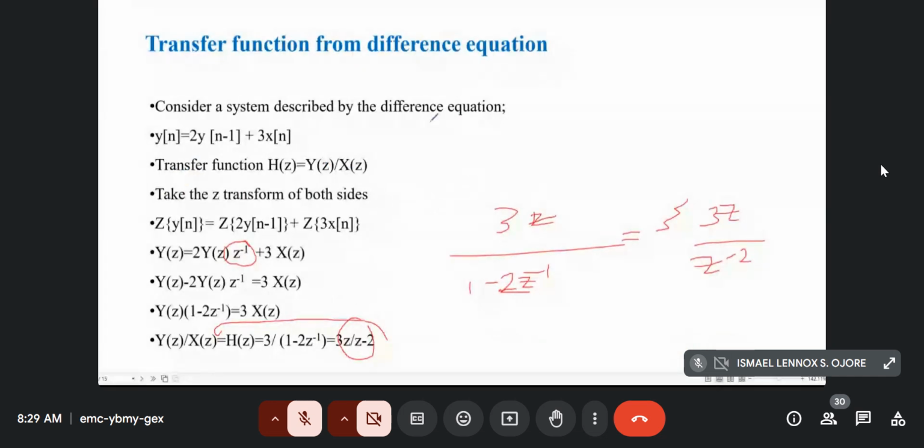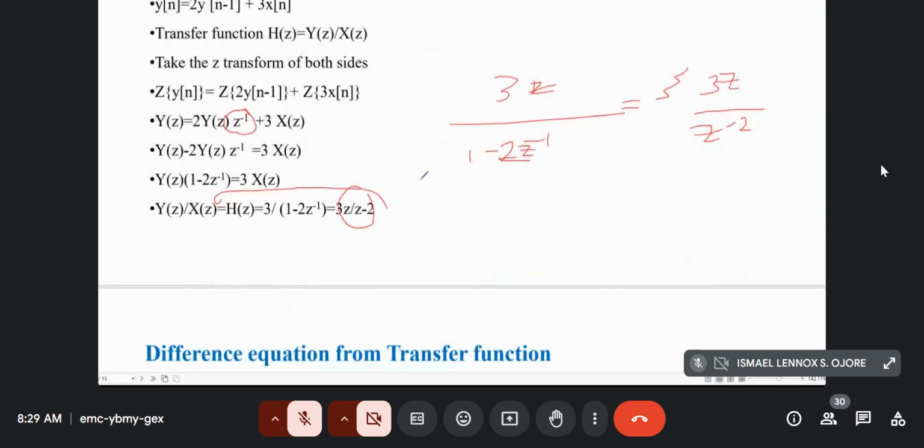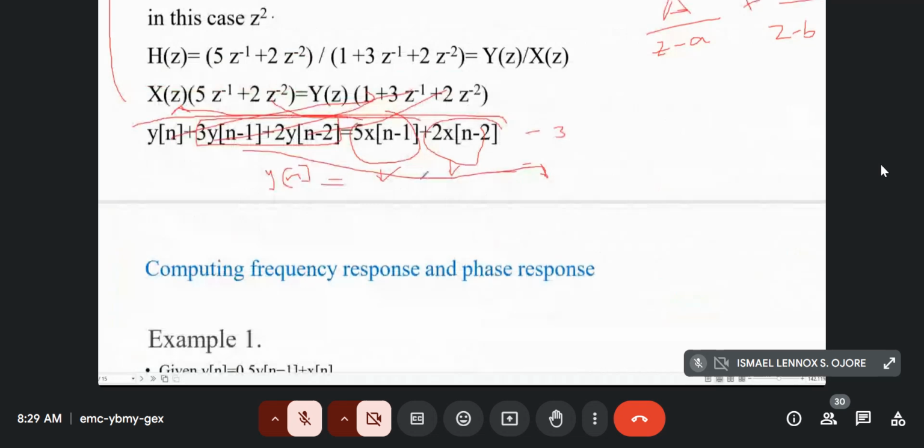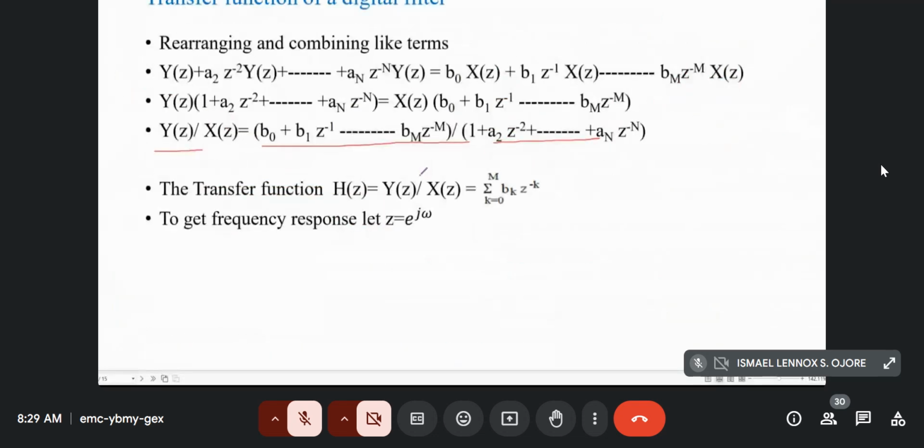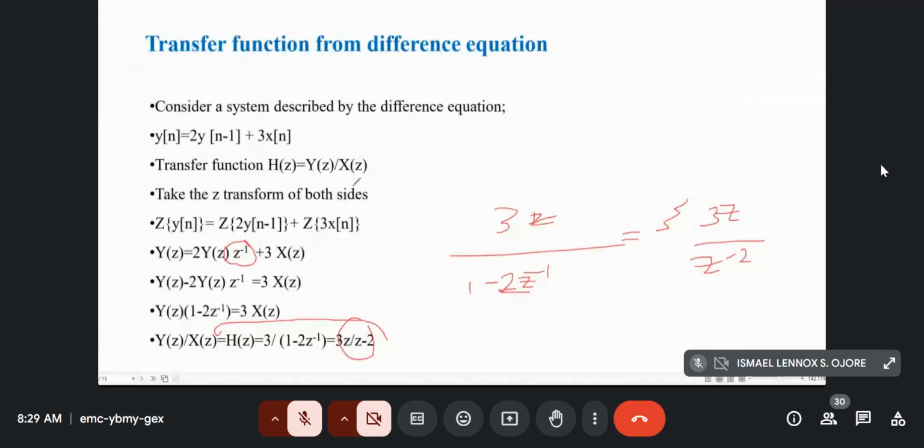And yesterday we looked at this, okay, this is a different example. So here you're given a difference equation. We did one yesterday, but this is just a different example.